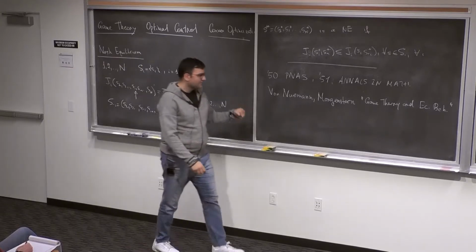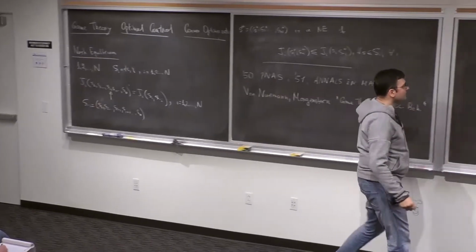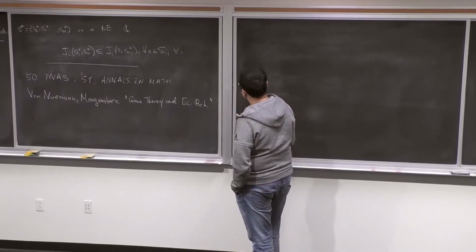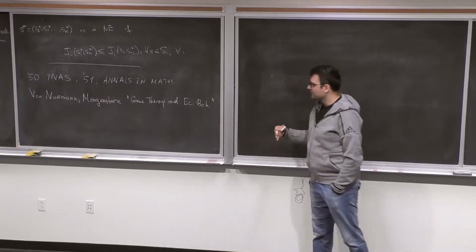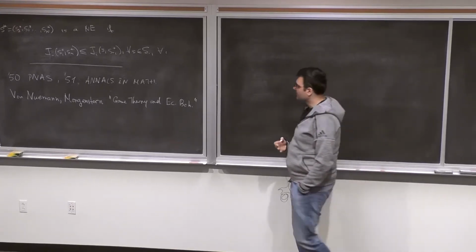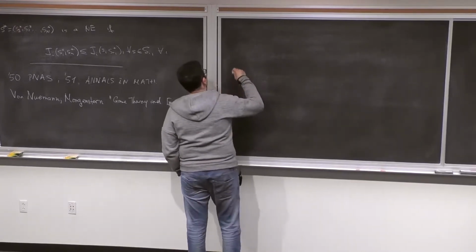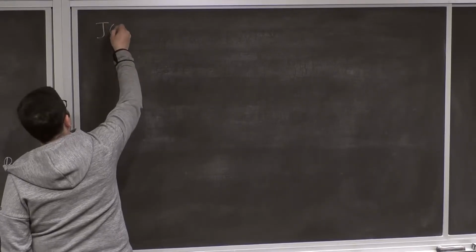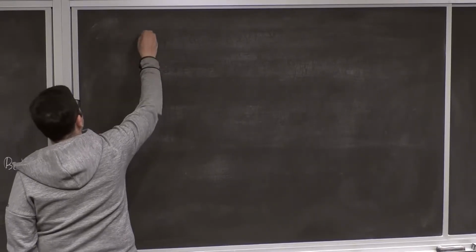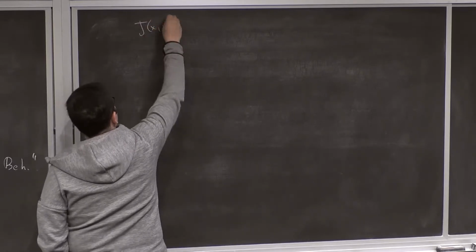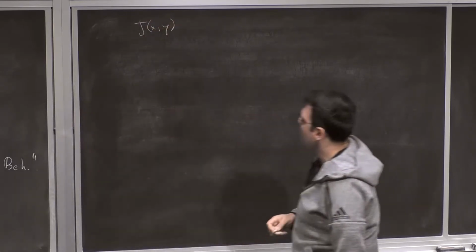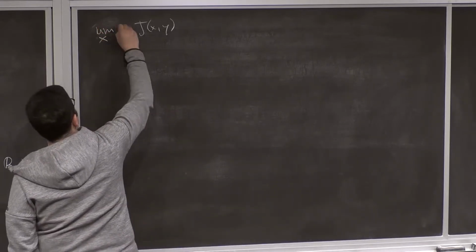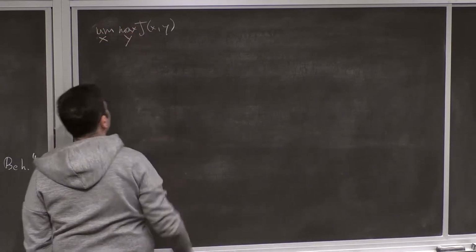So what von Neumann and Morgenstern did, they tried to develop the theory of games, and one case where they could build a complete theory was the two-player game, or the min-max game. So imagine we have an objective function g(x, y), and we're trying to, let's say, minimize in x and maximize in y.